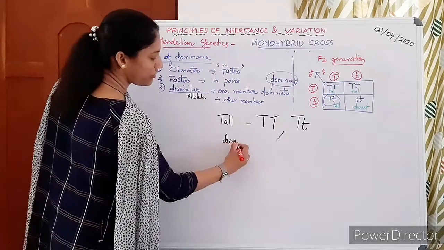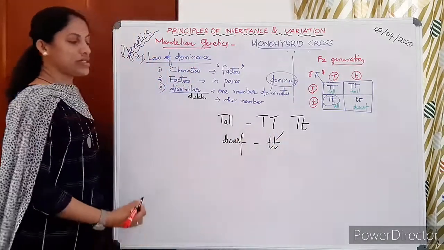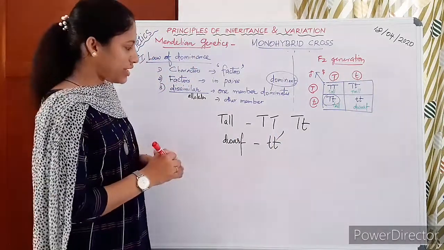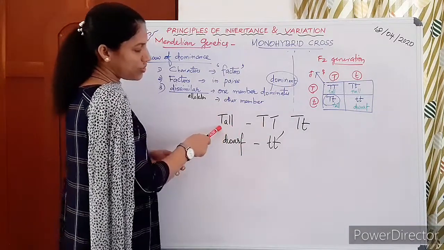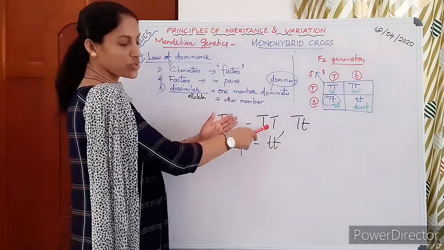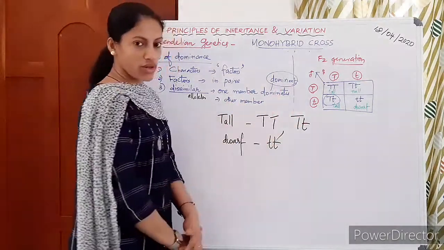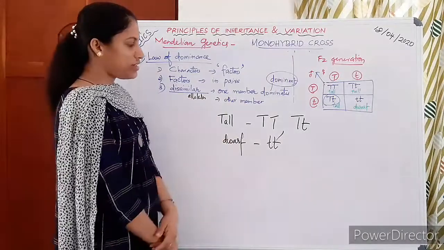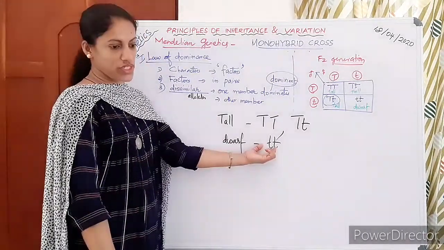For dwarf, it is small t, small t. If a tall plant is there, we are not sure whether it's homozygous tall or heterozygous tall. Whereas if a dwarf plant is there, there is only one possibility; we are sure it is this combination.